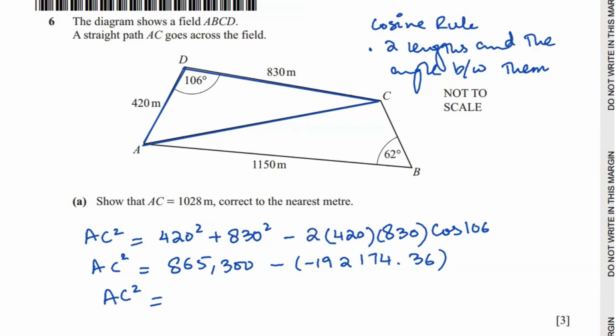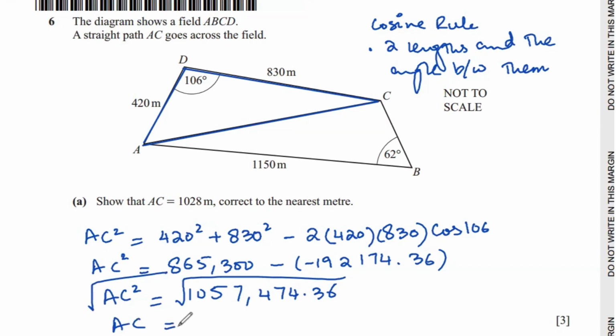So 865,300 plus 192,174.36. Then we're going to square root this. 1,057,474.36, square root that, and what we get is 1028.335 meters, which rounds to 1028 meters, correct to the nearest meter.